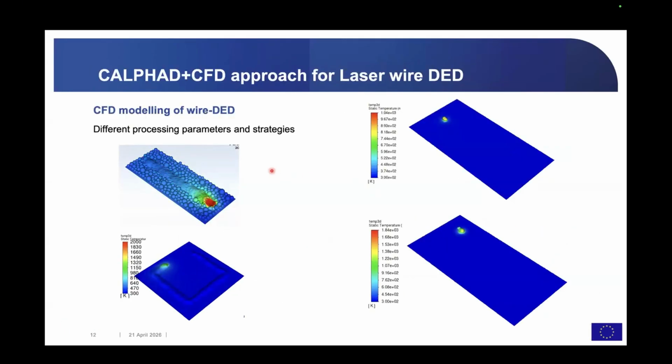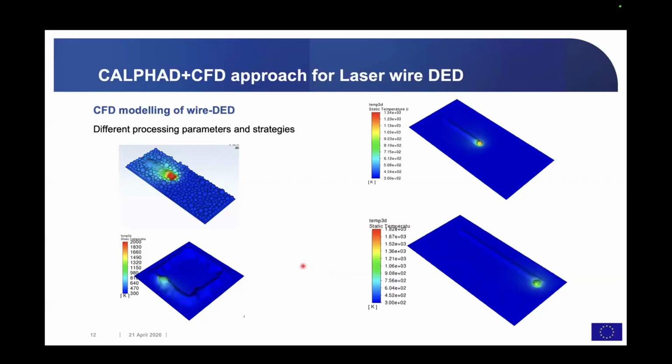Then we have been able to develop this at a fast pace, for powder bed fusion or wire methods. And then we can, of course, extend this to different printing strategies.